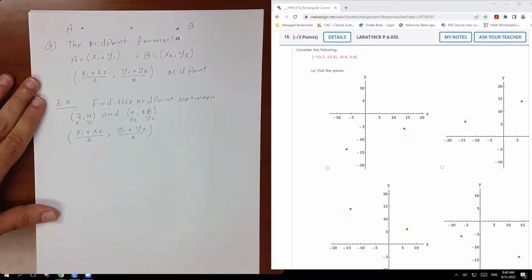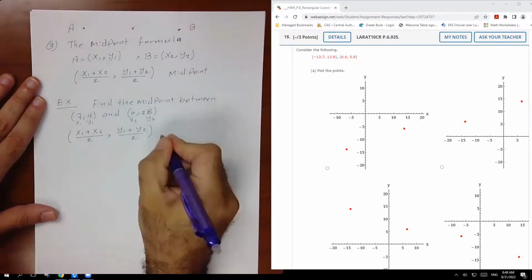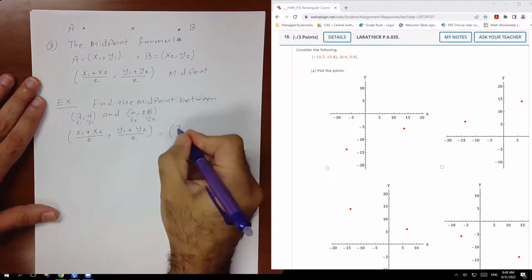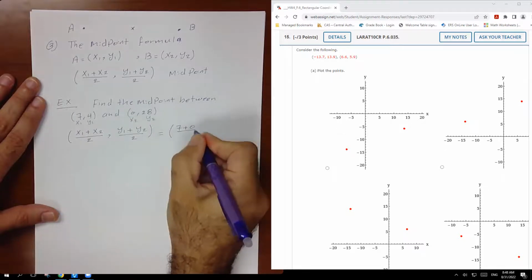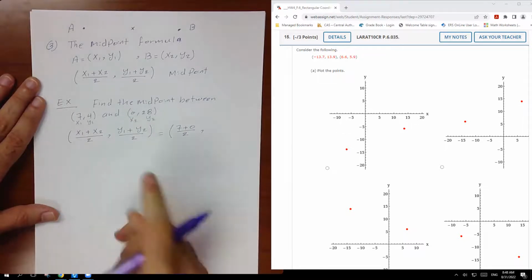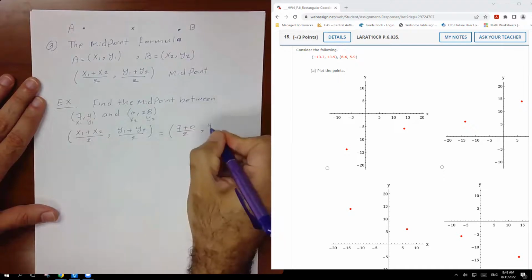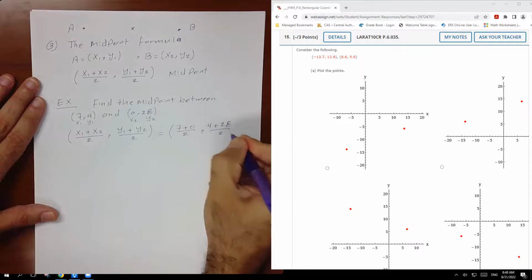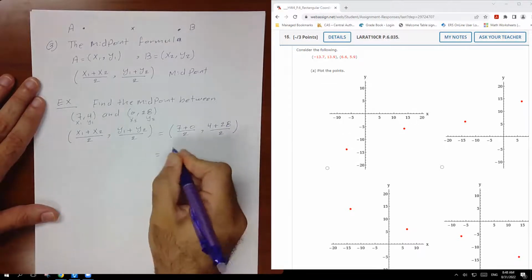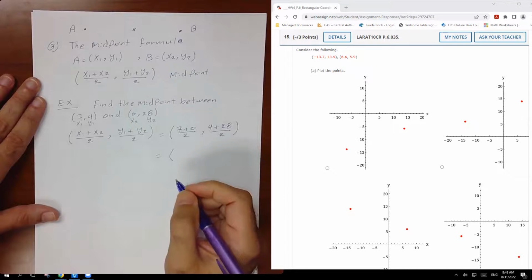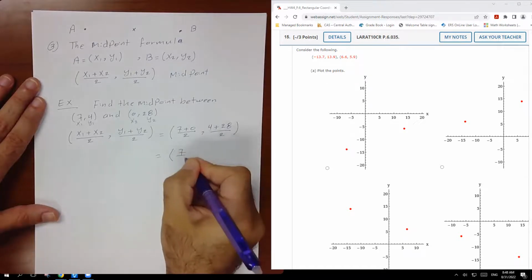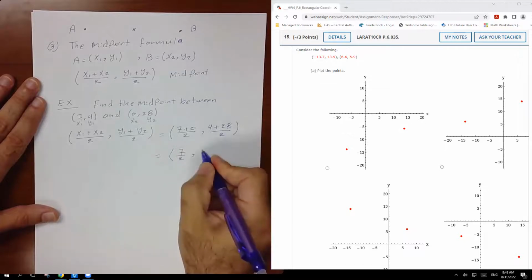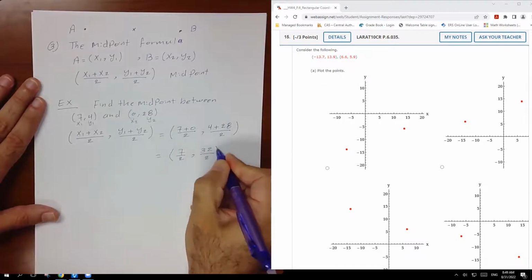Then I'm going to plug in the numbers. So it's going to be x1, which is 7, plus x2, 0, divided by 2, comma, y1, which is 4, plus y2, which is 28, divided by 2. Simplify this one. 7 plus 0 is going to be 7, divided by 2. We can keep it as a fraction. 4 plus 28 is going to be 32, divided by 2.